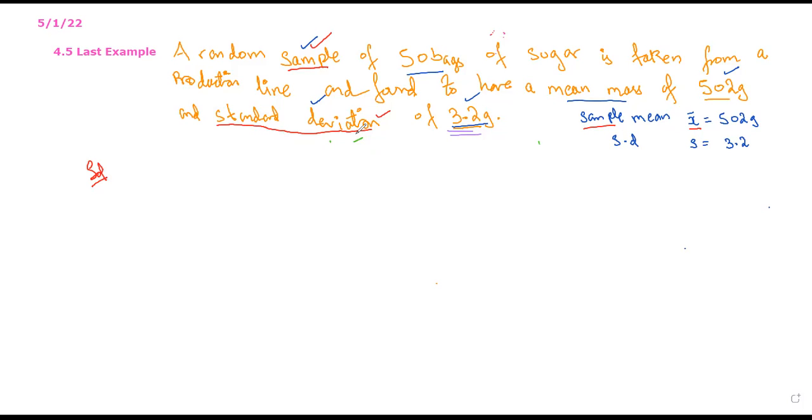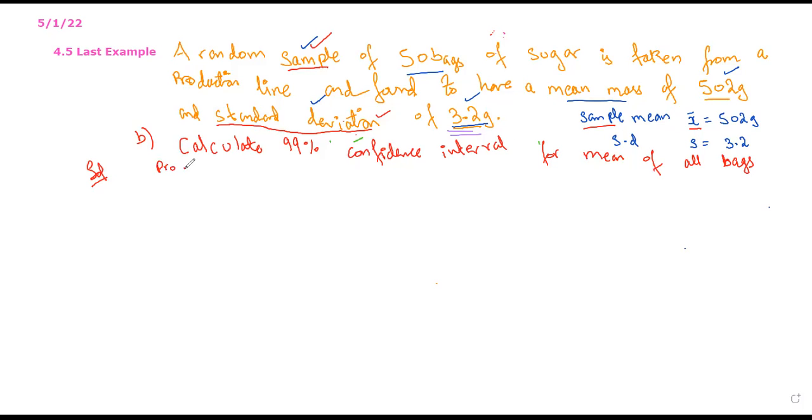Now the B part says, calculate 99% confidence interval for mean of all bags of sugar produced.